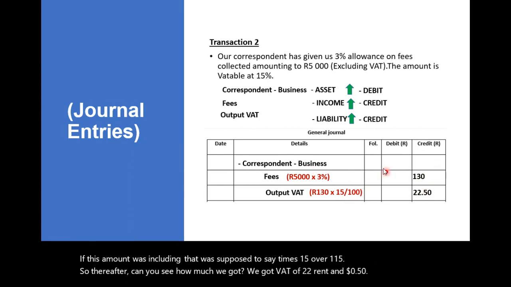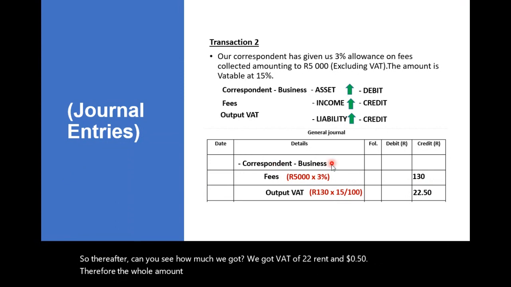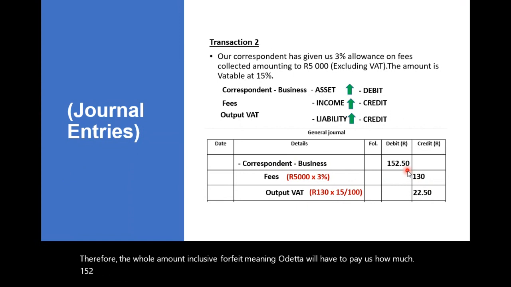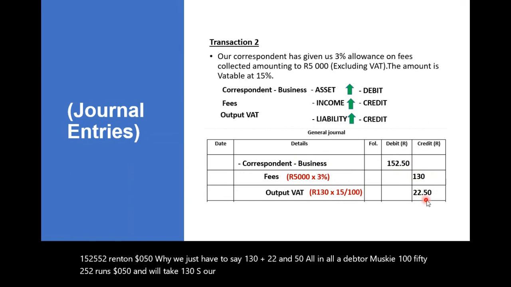Therefore, the whole amount inclusive of VAT, meaning a debtor will have to pay us how much? 152.50, 152 rand and 50 cents. Why? We just have to say 130 plus 22 rand 50. All in all, a debtor must give us 152 rand 50 cents, and we'll take 130 as our own, and we'll take 22 rand 50 to SARS.